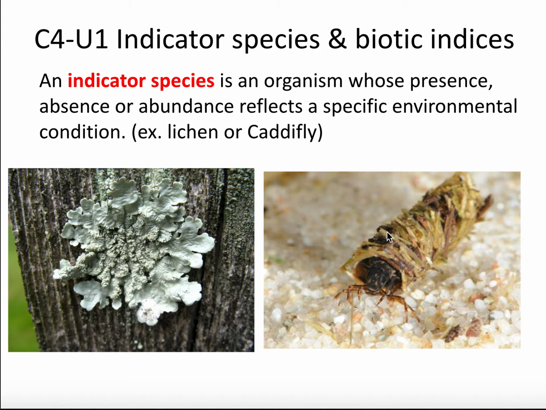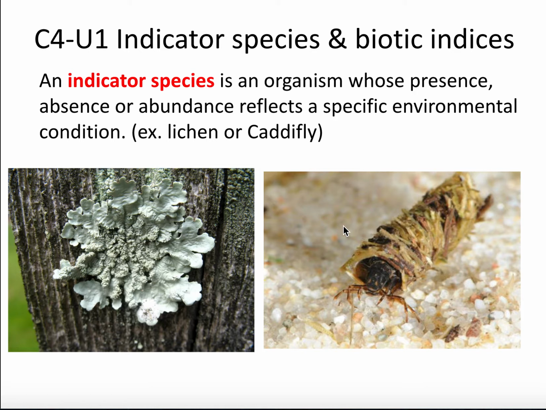So the caddisfly, when they are present, it's usually a healthy ecosystem because different fish depend on them as an eating source, or they're decomposers, there to break down different nutrients in the soil. So when they are present, we know that the ecosystem is cycling the way it's supposed to. So they're both indicator species, to give us an idea of how that environment's condition is doing.